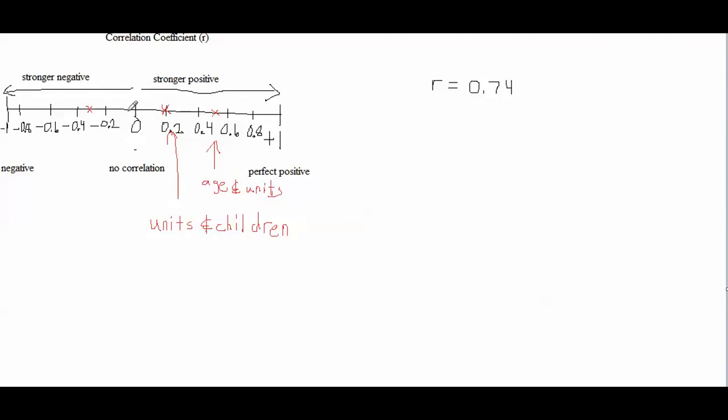So my main point is, if you have a negative correlation and a positive correlation, it doesn't mean that the negative correlation has to be weaker than the positive correlation. So negative doesn't mean the same thing as weak. A lot of people might tend to think that a negative correlation means weak and a positive correlation means strong, but that's not true. The strength is actually the distance from 0.